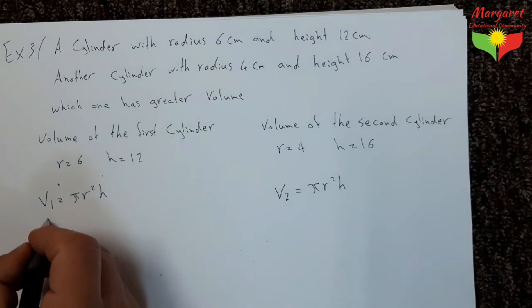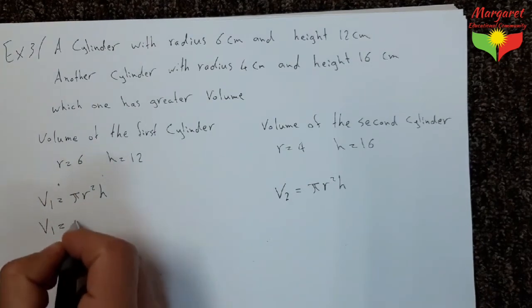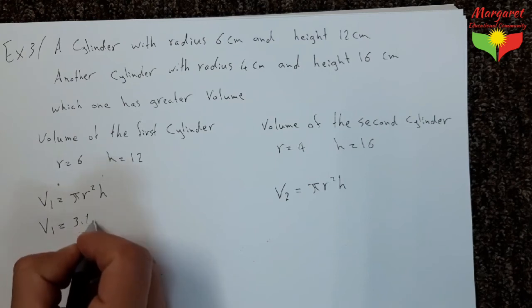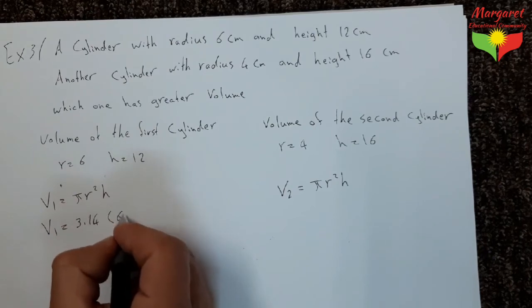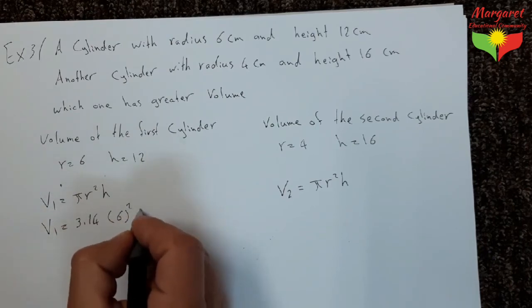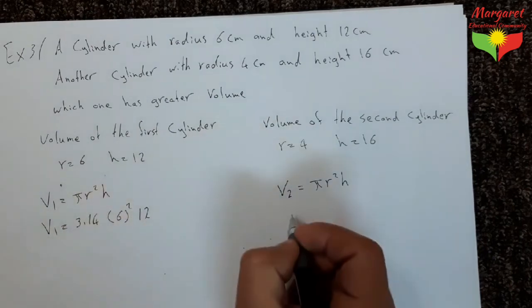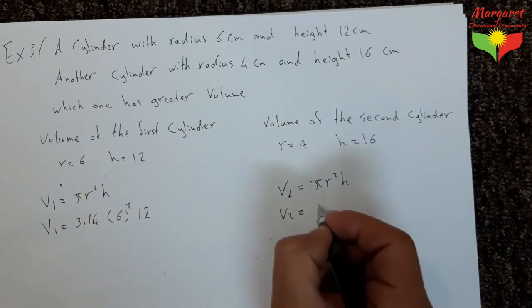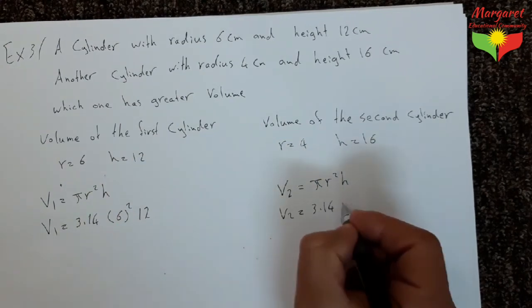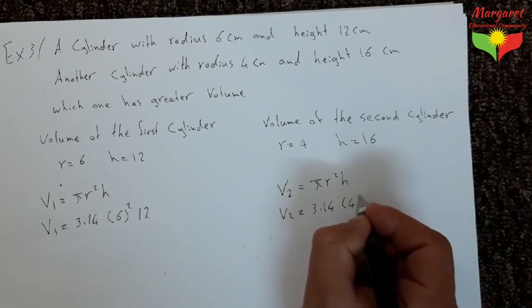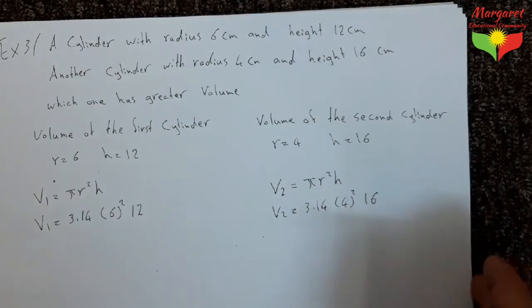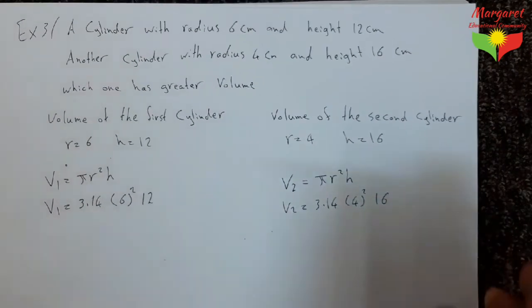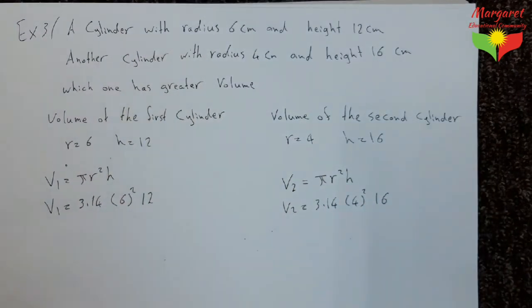So V1 equal to pi nearly equal to 3.14 times 6 square times 12 and V2 equal to 3.14 times 4 squared times 16. The multiplication are on you to do it.